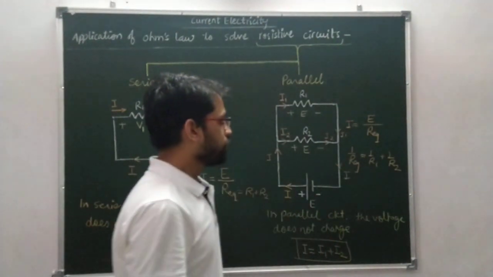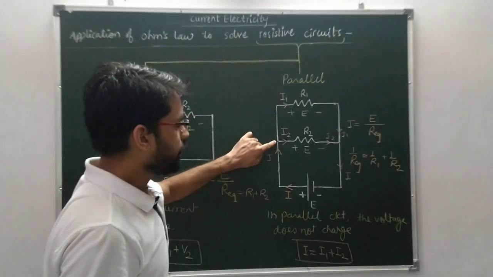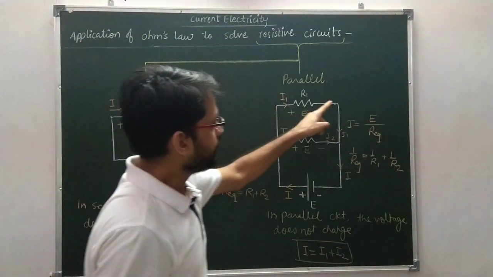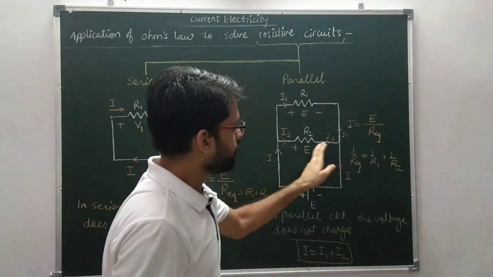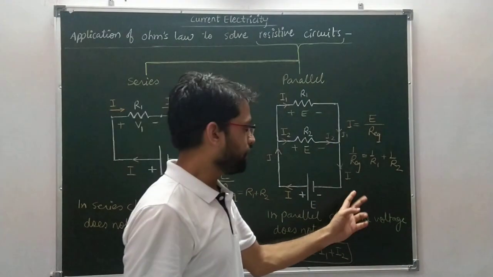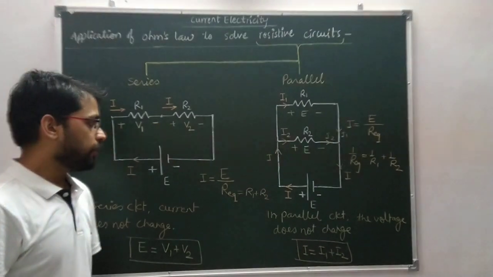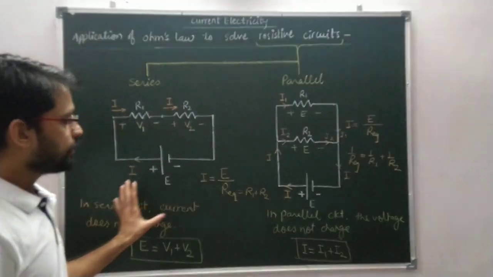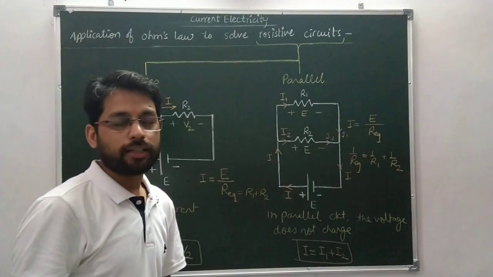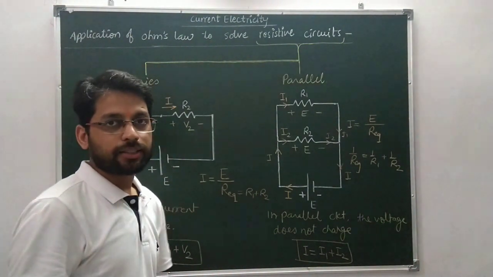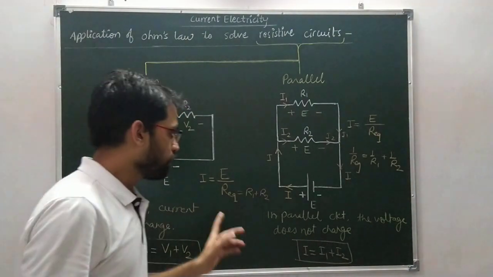So at this node the current is divided, and at this node the current recombines to produce current I. So note it down. This analysis will help you in solving the various types of resistive circuits using Ohm's law. Okay, so note it down.